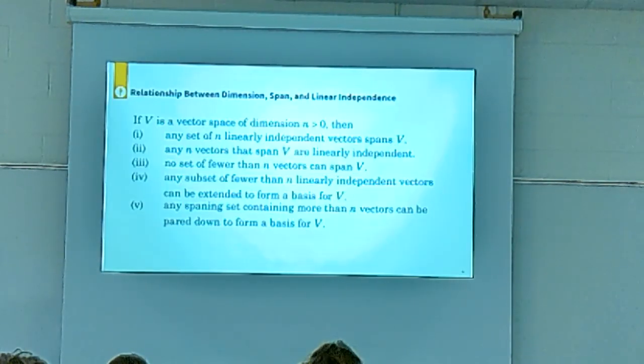So again, going back to just R3, if you have two linearly independent vectors, you can add another vector that would guarantee that it spans R3. That's what property 4 says. And property 5 is saying, let's say you have 5 vectors in R3. You can eliminate 2 of them to form a basis.